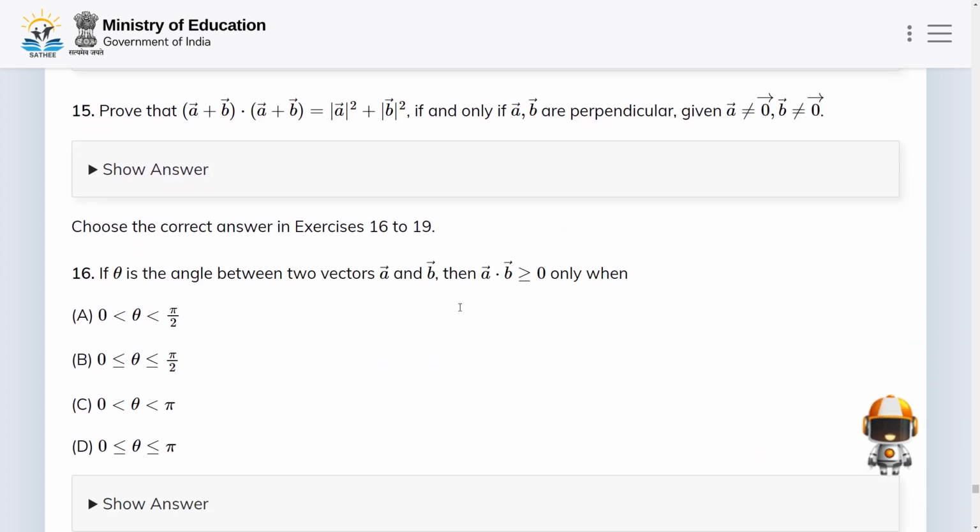Okay, now 15th problem. Prove that the dot product of these two vectors will be the square of the magnitude of A plus the square of the magnitude of B if and only if A and B are perpendicular, given that A vector and B vector are non-zero vectors. So let's see.